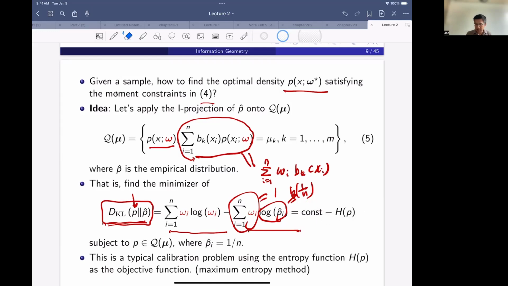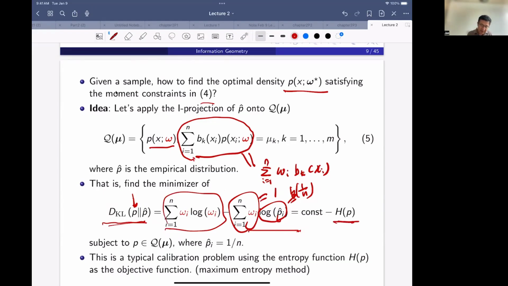Okay. So just the log p i had is 1 over log 1 over n, which is constant. And so the second summation is just constant. So then that means you basically have a constant, so the first term is minus entropy. So you are subtracting entropy.